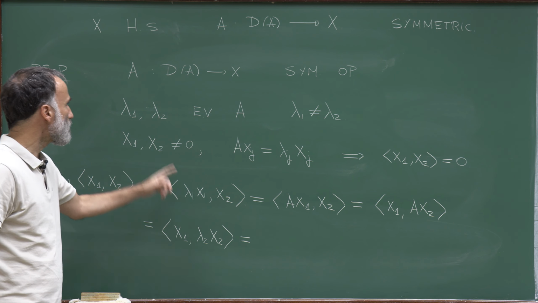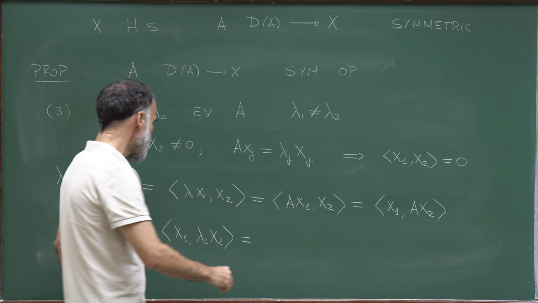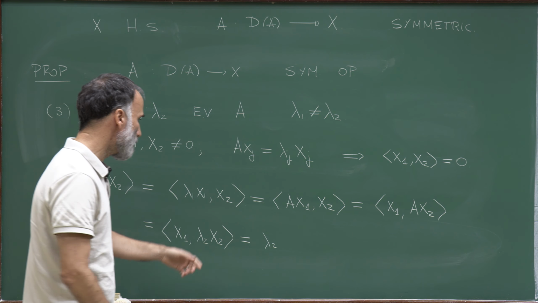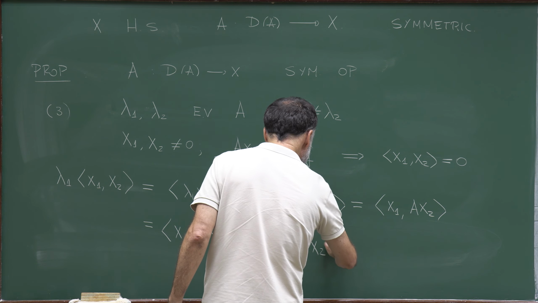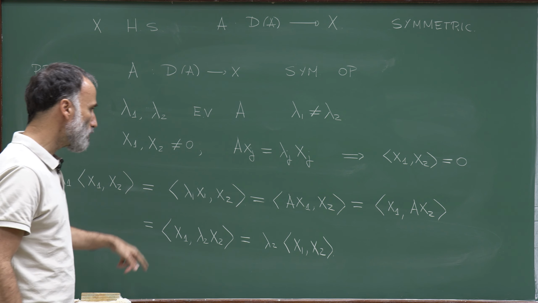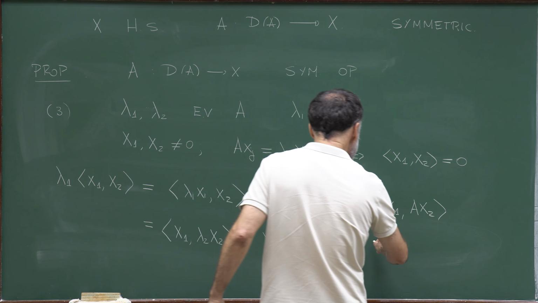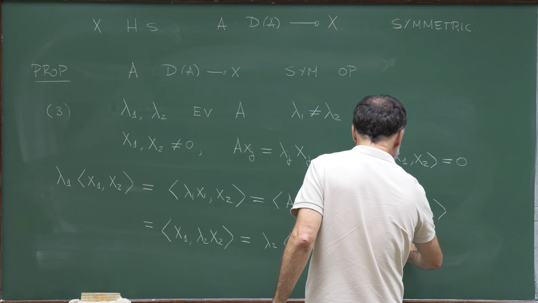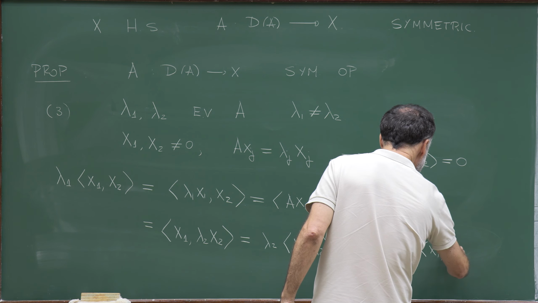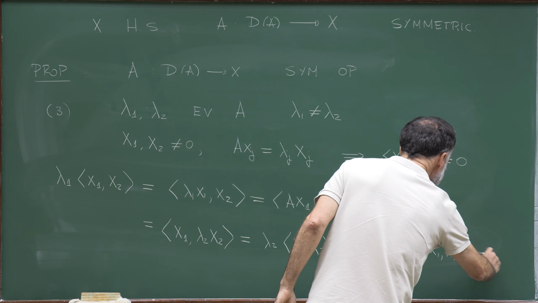Now, lambda 2 is an eigenvalue, so it's a real number. And by linearity of the scalar product, this is lambda 2 times the scalar product of x1 and x2. So what we obtained from this sequence of identities is that lambda 2 minus lambda 1 times the scalar product of x1 with x2 is equal to 0.